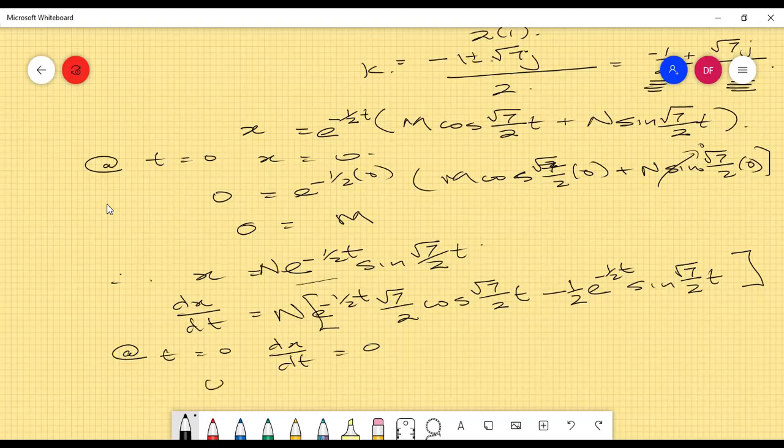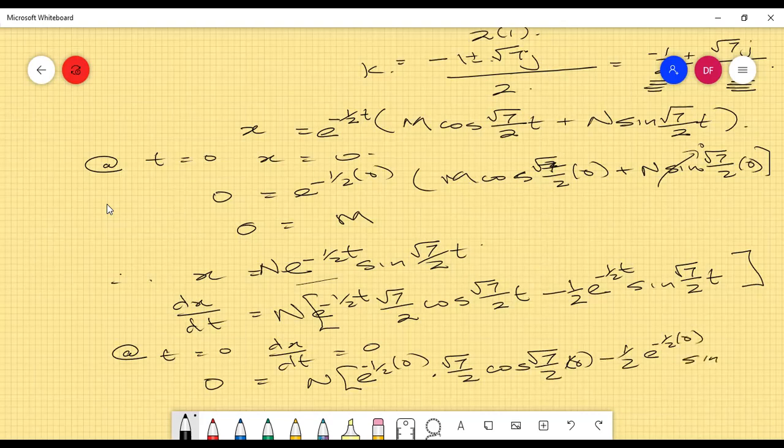So it's going to give me 0 is equal to n e to the minus a half 0, root 7 over 2 cos root 7 over 2 times 0, minus a half e to the minus a half 0 sine root 7 over 2 times 0.